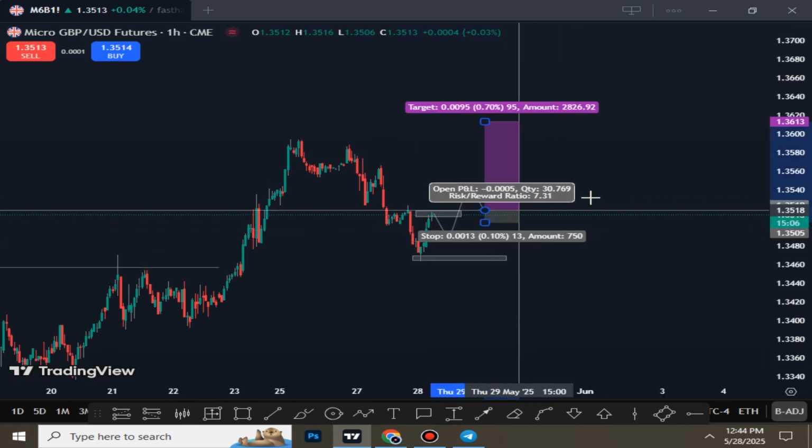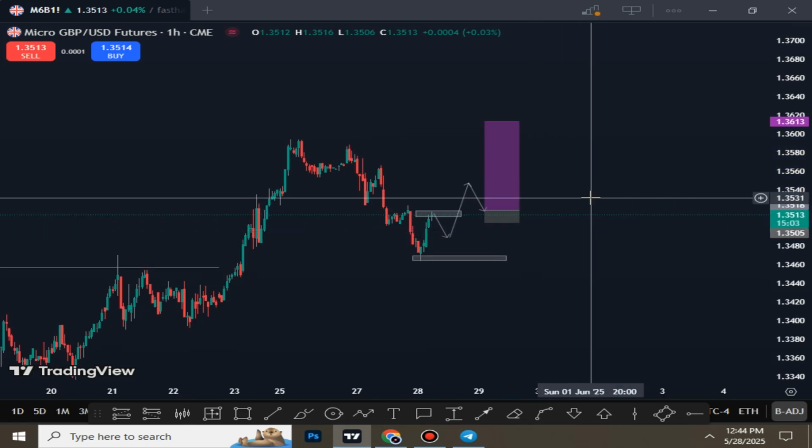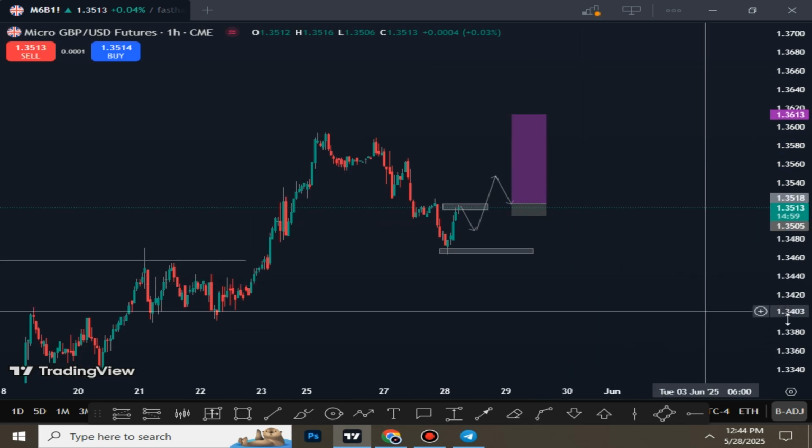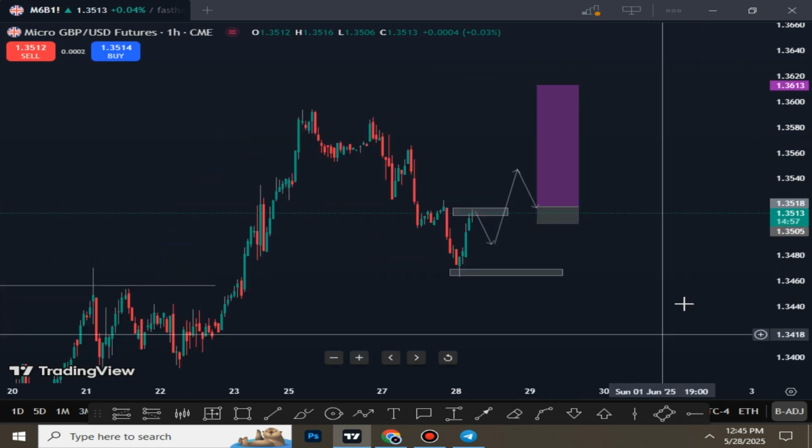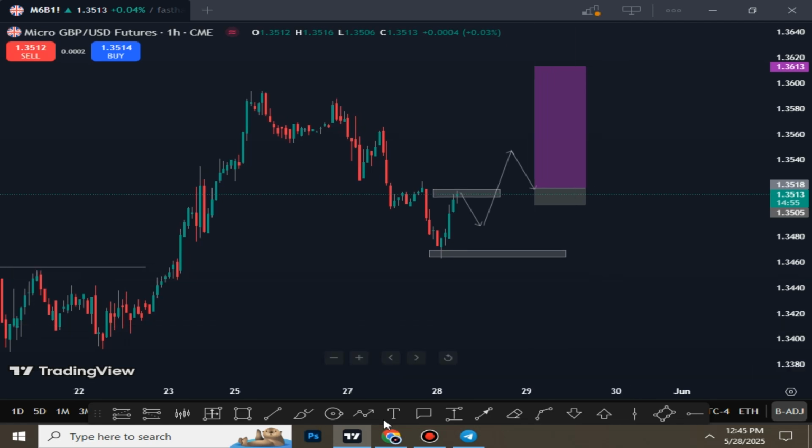You see, make sure that if you are looking for buys, make sure that the bulls are in. Make sure that they have already showed sign that we want to go up. Correct. Now let me just show you this.